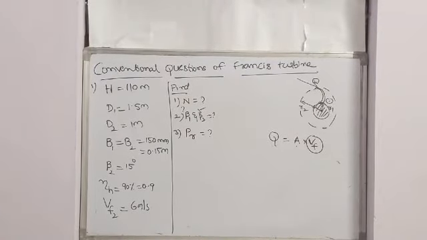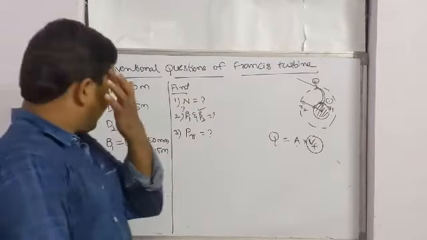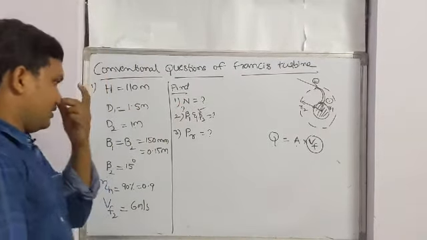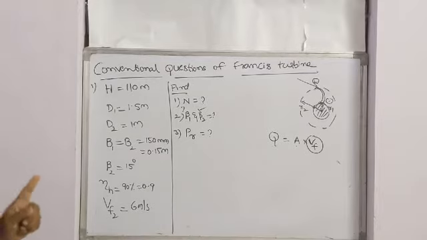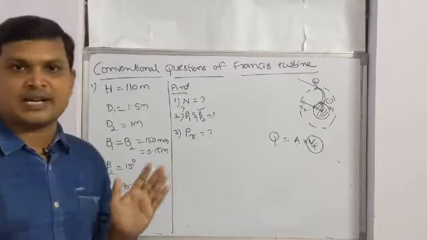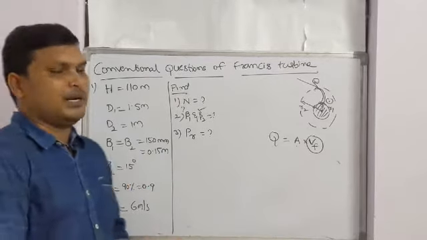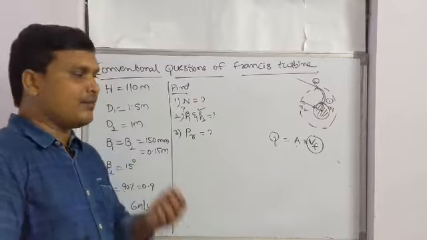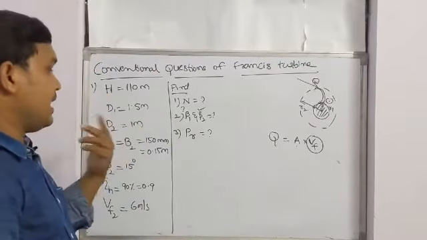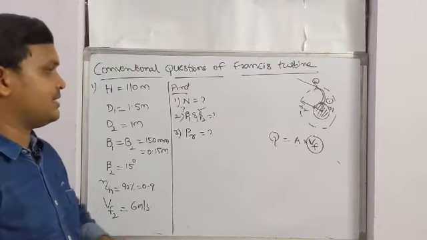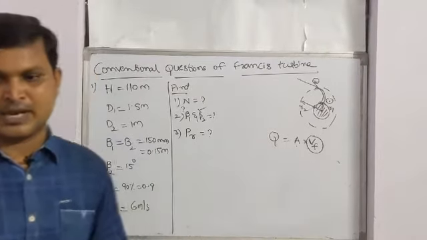I already told that for solving Francis turbine problems, you should first find out U1 and VW1. If your U1 is less than VW1, the inlet triangle will be one type. If U1 is greater than VW1, the velocity triangle will be another type. How the U1 and VW1 velocity triangles differ, I already explained in the previous class.